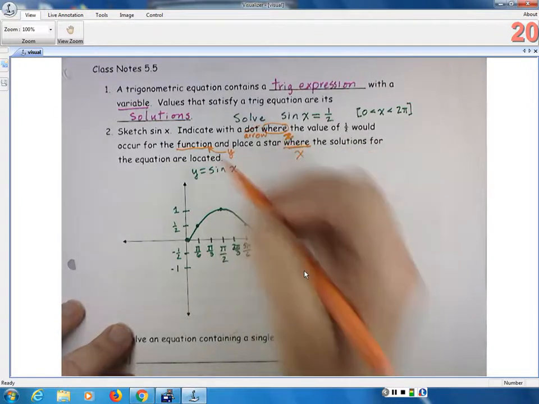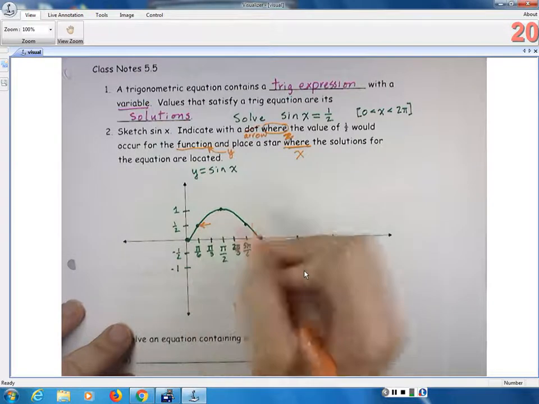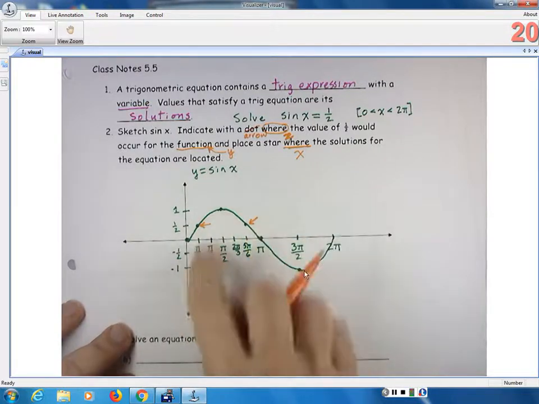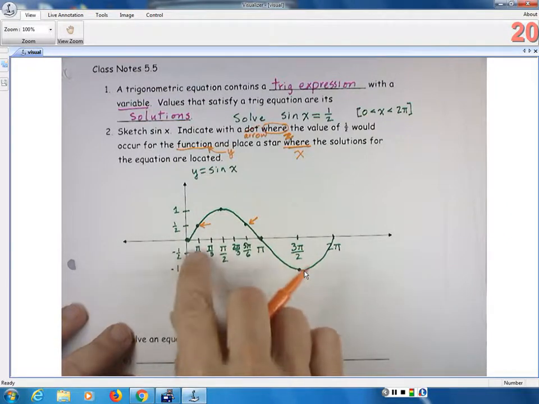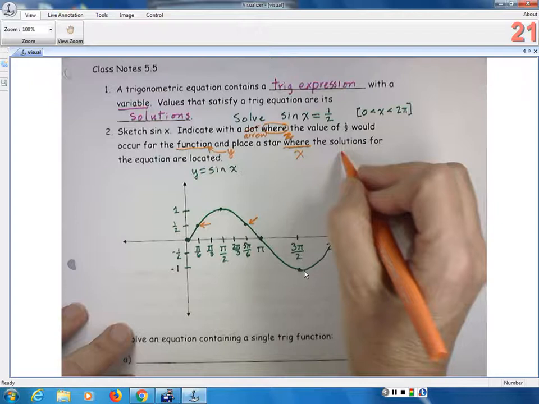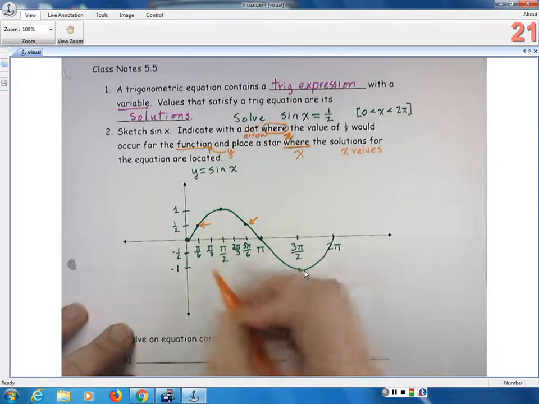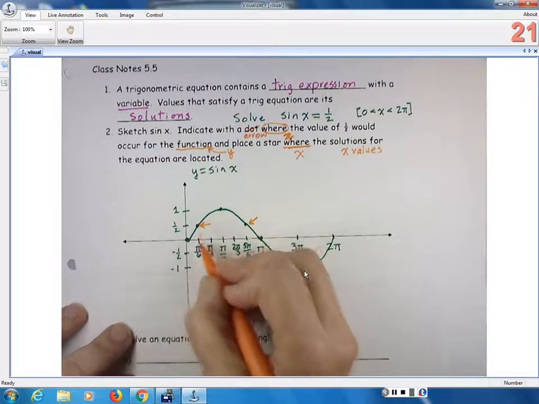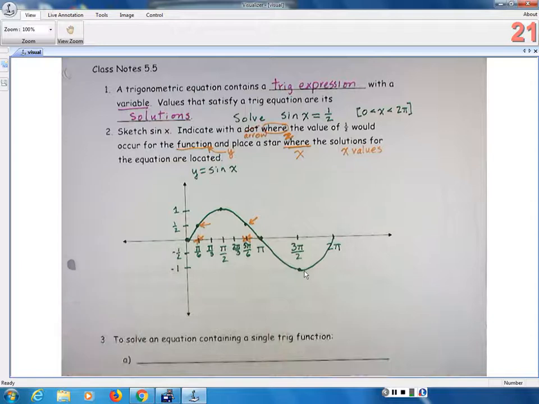So the function is y, so let's use an arrow. This is where the function is a half, and the solutions are always x values. So it says place a star where the solution is. Because I already used dots.